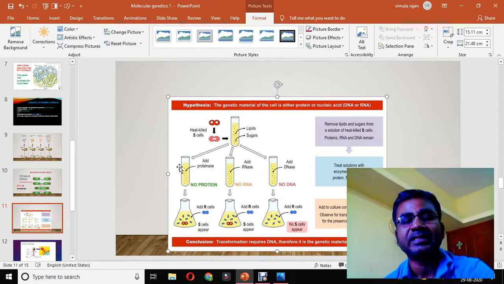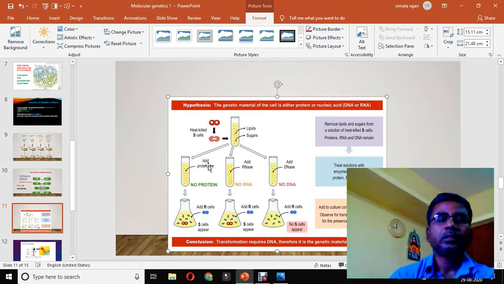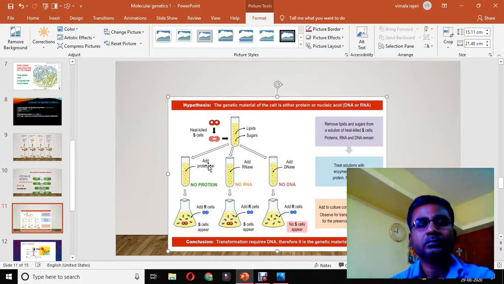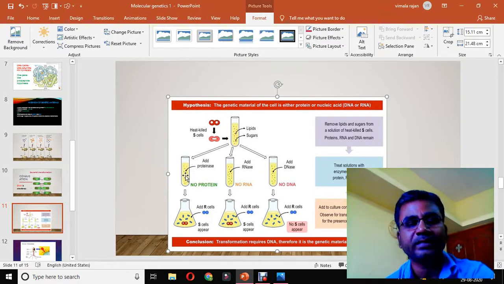Once proteinase is added to this mixture, this proteinase enzyme will destroy the protein. As a result, there will be no protein, because the protein is destroyed by the enzyme proteinase.